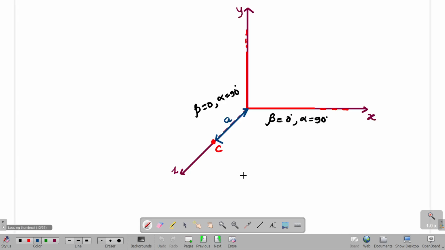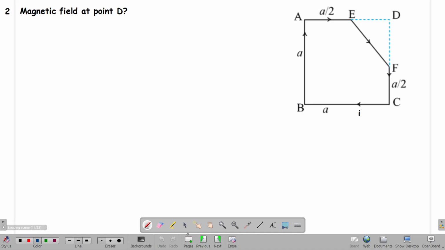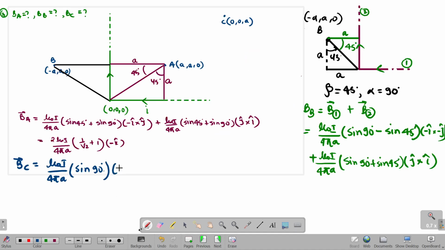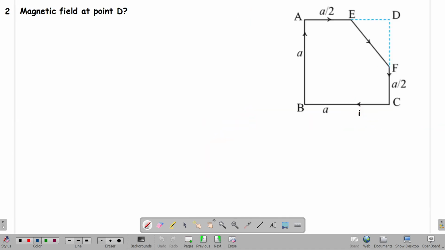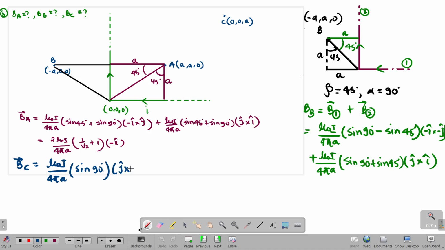But for first wire, let's say this is my first wire and this is second wire. L cap is J cap, isn't it? While R cap is Z cap, K cap. Yes.